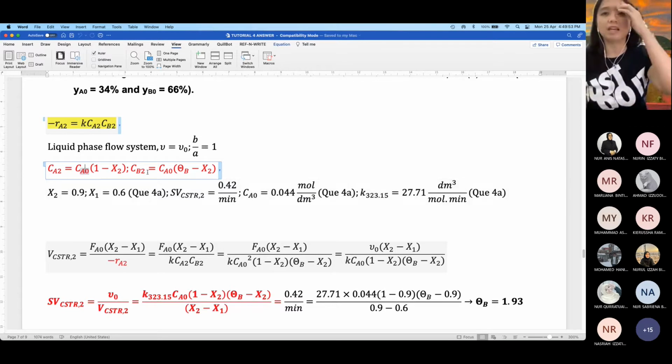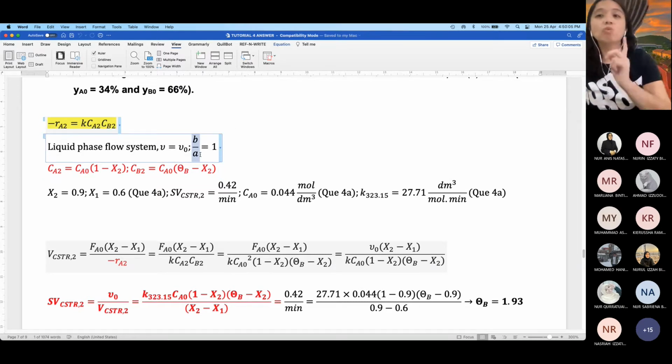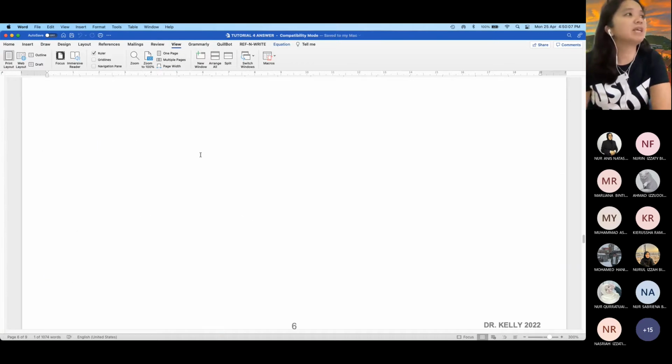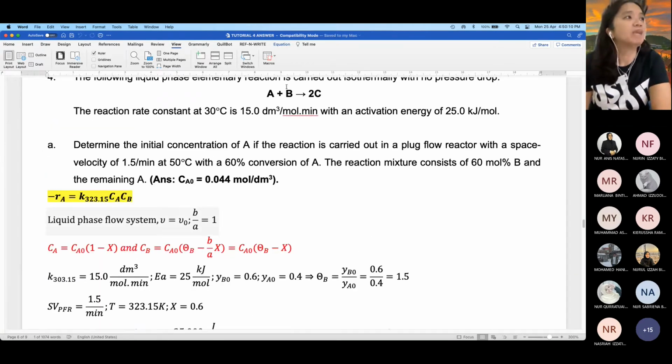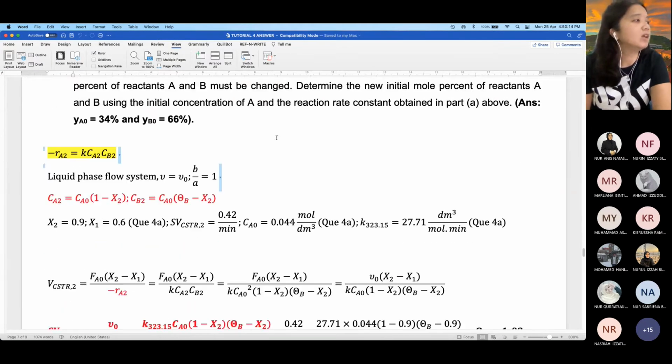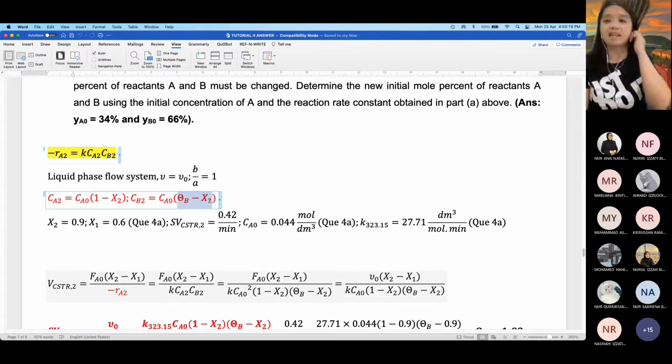So for CB as well, become CA0 in bracket theta B minus B per A X. Okay, so B per A X. The B per A in this example is 1. So B per A tu, we look at the chemical equation. So B per A is 1. Sebab tu you become CA0 theta B minus X2.